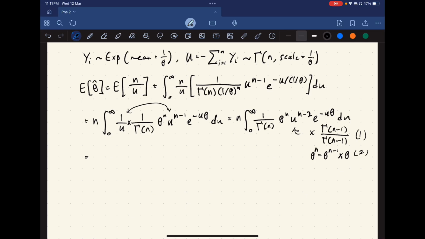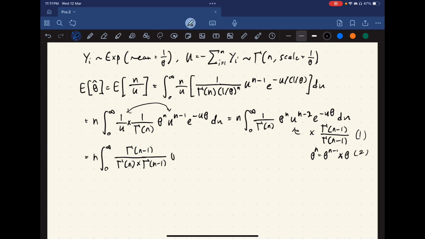That would leave us with n, integral sign, gamma n minus 1 over gamma n, and so on.